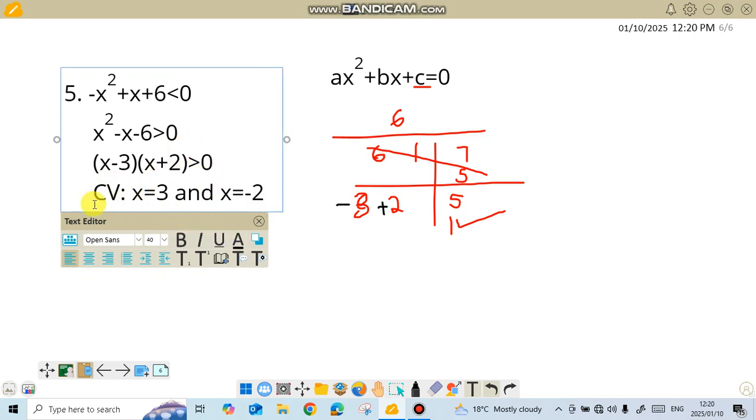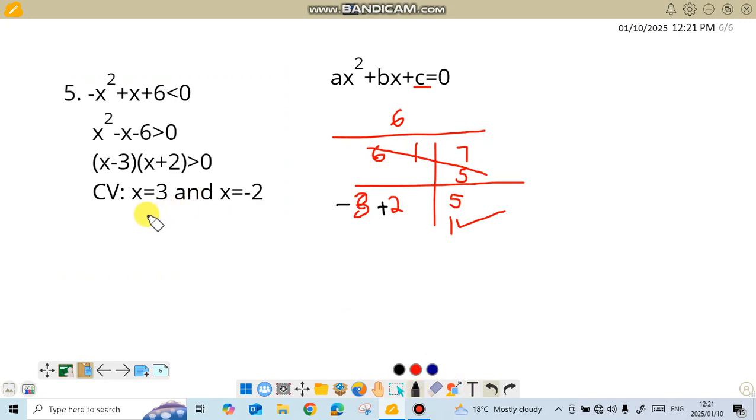So you see, I have to write critical values because x equals is not a solution, it's an inequality. So this equals is just helping me to plot the graph. It doesn't mean it is a solution. It's just a critical value to help me identify where the solution is going to be.